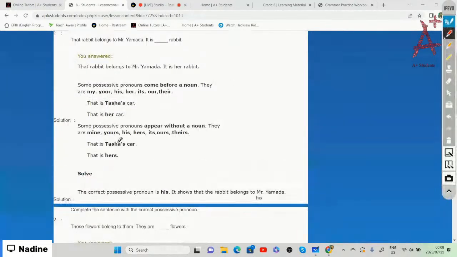Then we have some possessive pronouns that appear without a noun, right? They are mine, yours, his, hers, its, ours, and theirs, right? And these possessive pronouns appear without a noun.